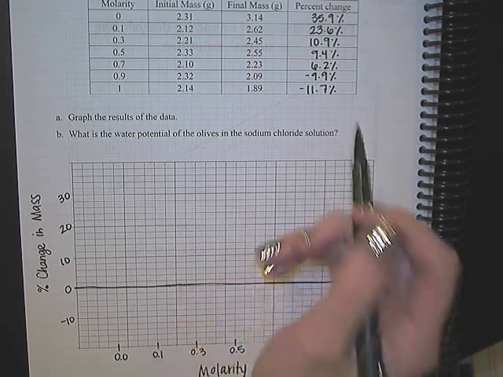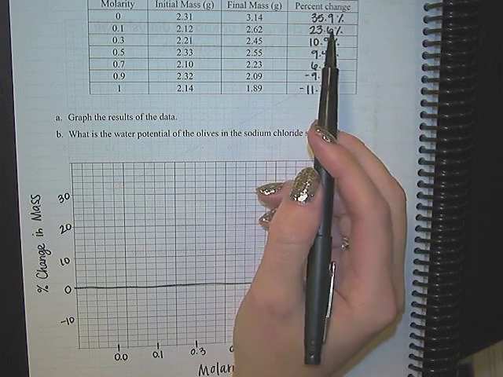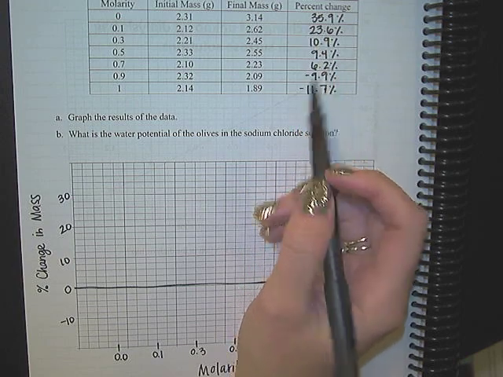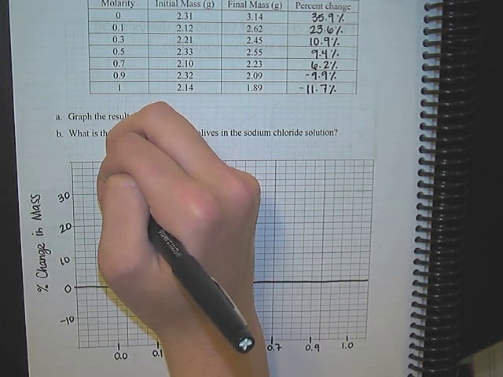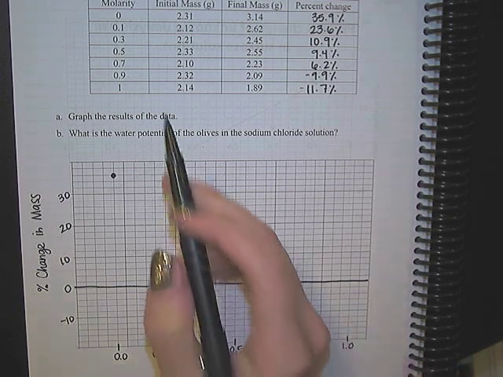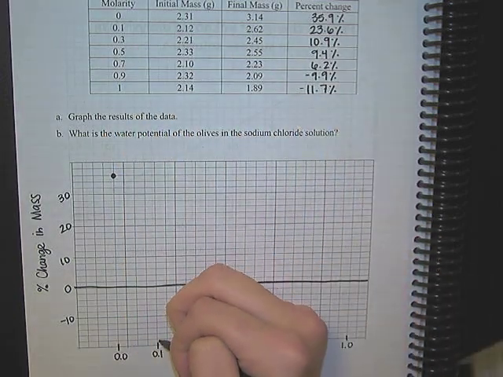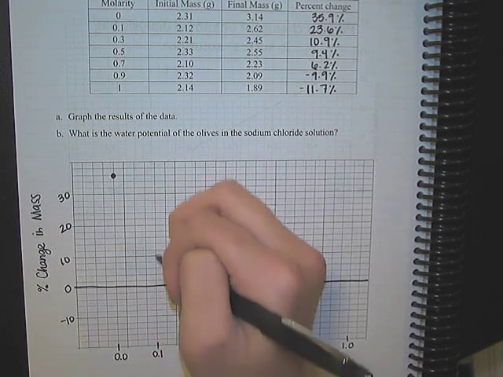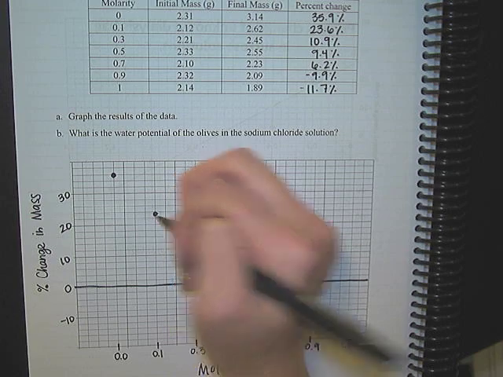So we're going to graph these. At 0 molarity, we had a 35.9% change in mass. So I'm going to graph that at 0. Should be about here-ish. Okay, at 0.1 molarity, I have 23.6. So I'm going to graph that about here-ish.